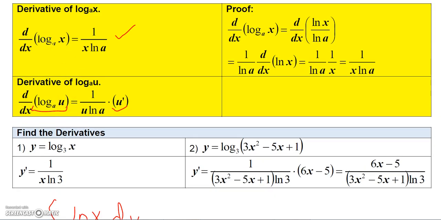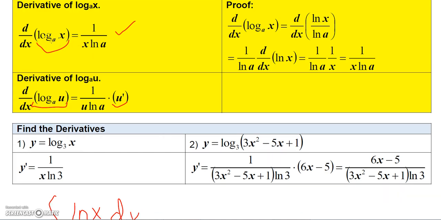Okay, since the log function is so closely related to the natural log function, I don't really have any integrals for you that you would integrate such that you would end up back with one of these logs of a different base, because you actually wouldn't end up with those logs. You would end up with some form of natural log, because these guys can be written as natural logs.